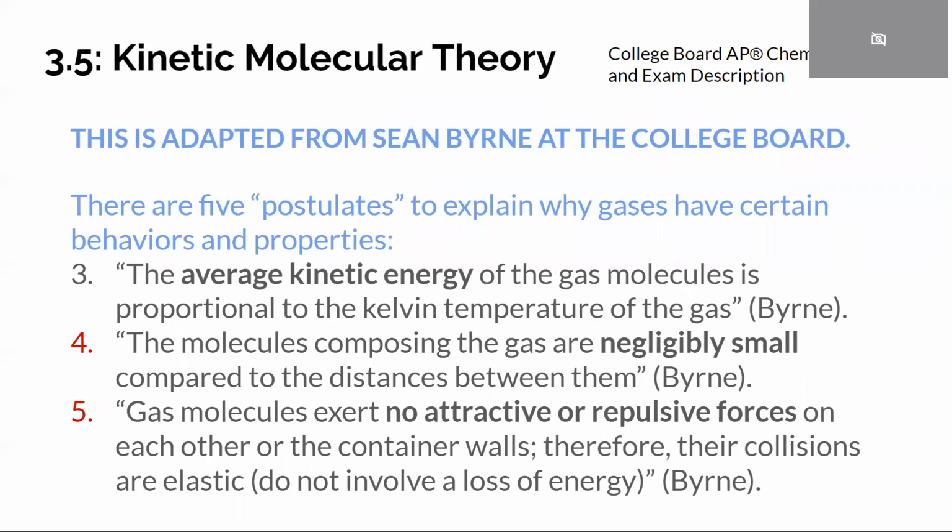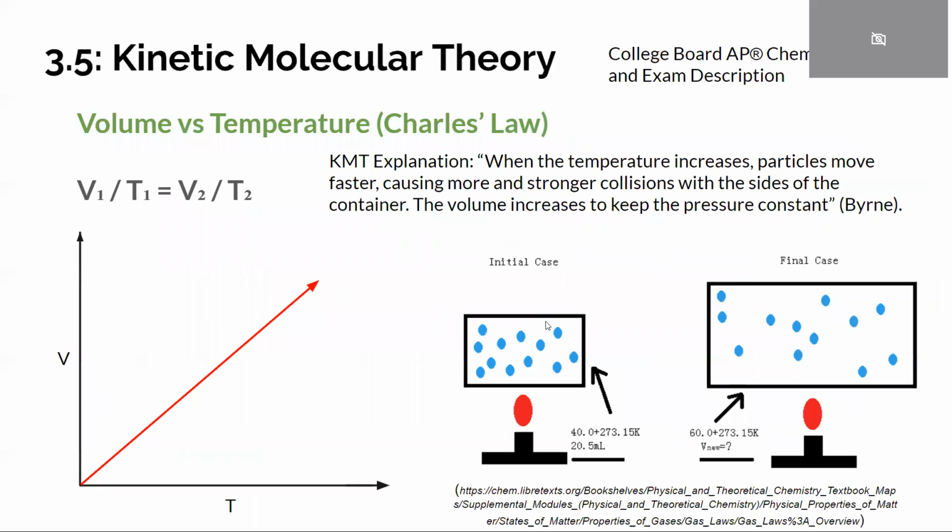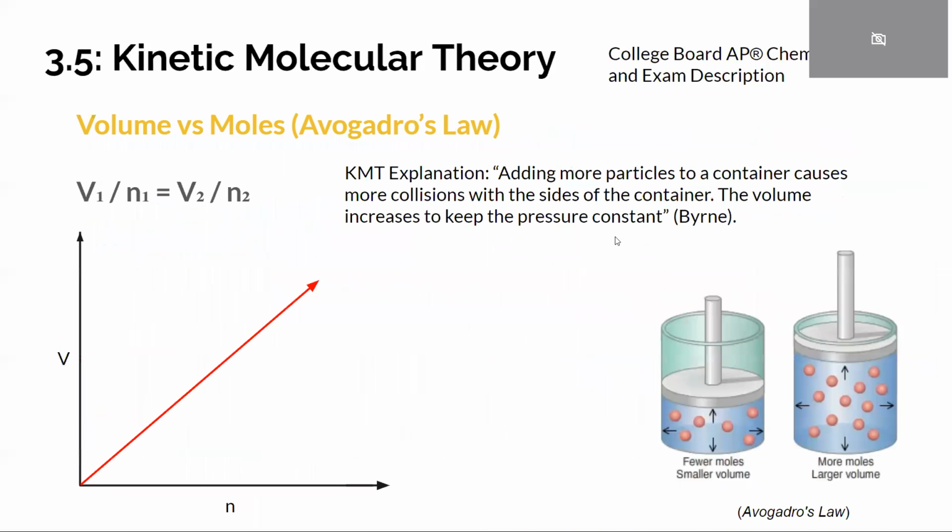So we go back to this, the average kinetic energy of the gas molecules is proportional to the Kelvin temperature. See, when the temperature increases, particles move faster, and this faster is relating to the kinetic energy of the molecules. And then it also relates with the collisions with the sides of the container. And then the volume just increases to keep the pressure constant.